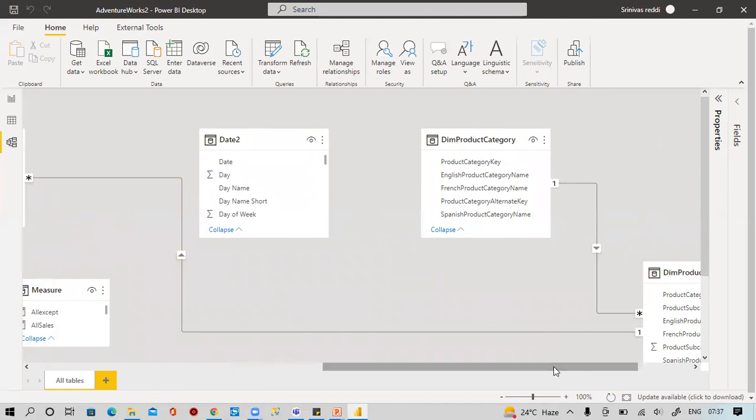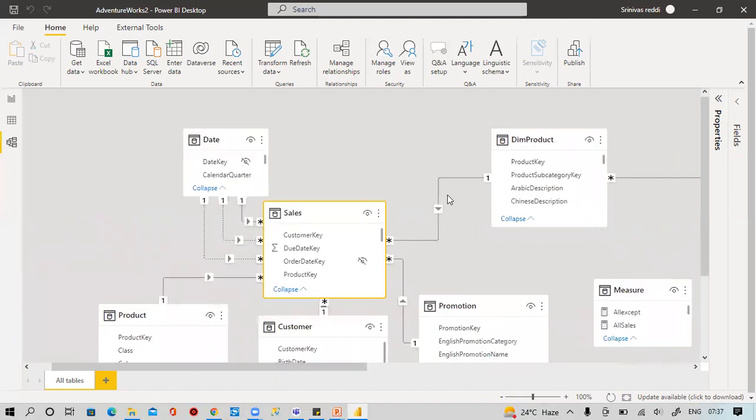No worries. When there is a direction arrow towards the fact table, it means dim product is slicing the sales. Okay, not sales is slicing the dim product.